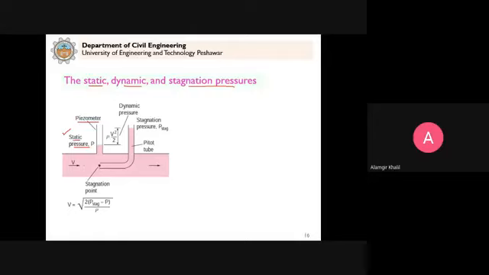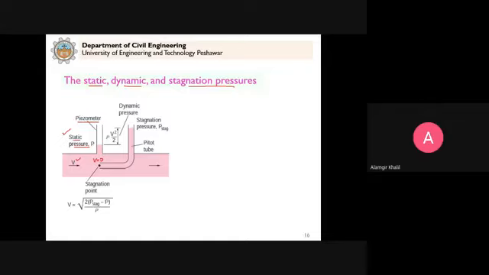Because at this point, the fluid, when it is moving with the velocity v, reaches here at a stagnation point, and this velocity will be equal to 0. The fluid is moving with kinetic energy, but that kinetic energy is now converted into the pressure energy.